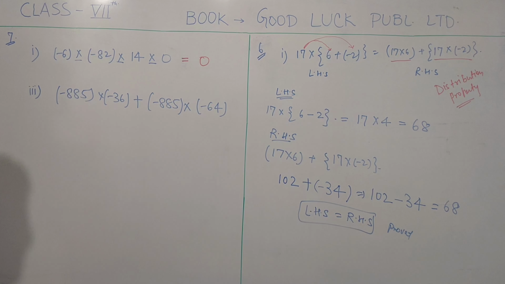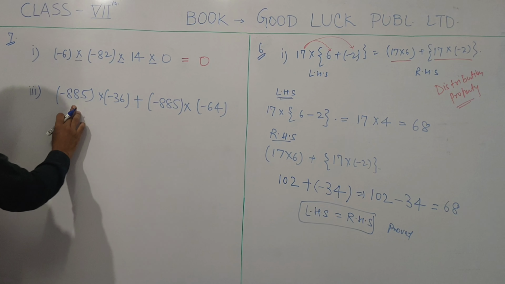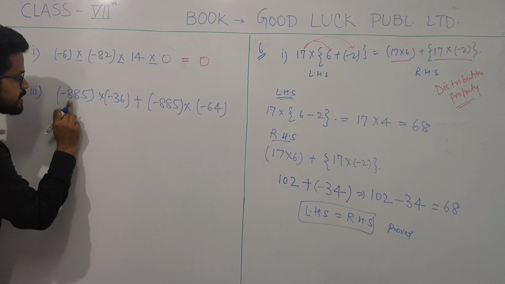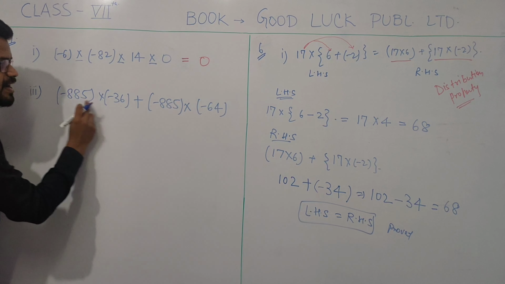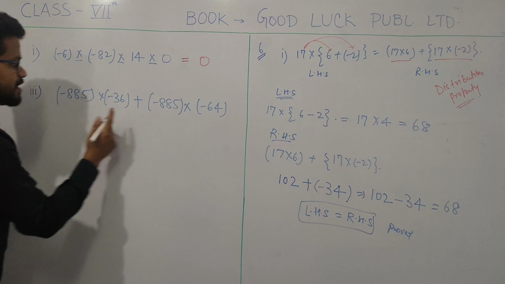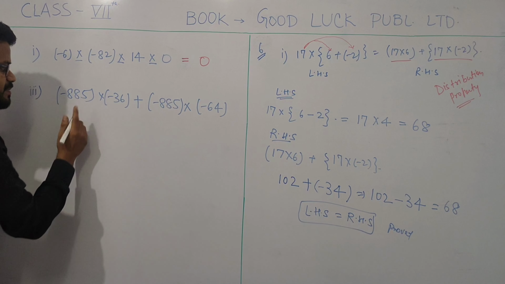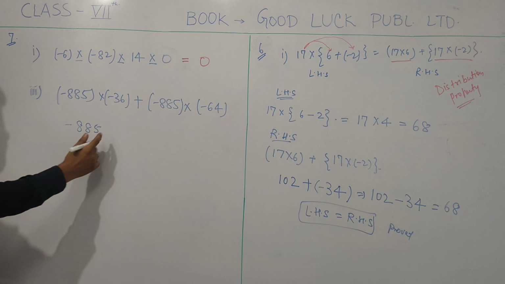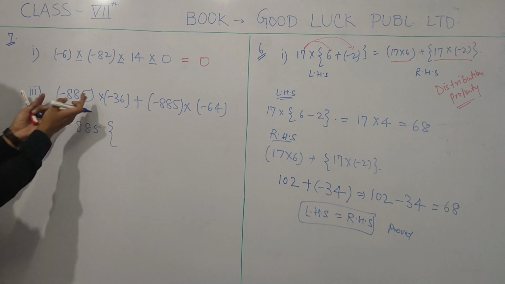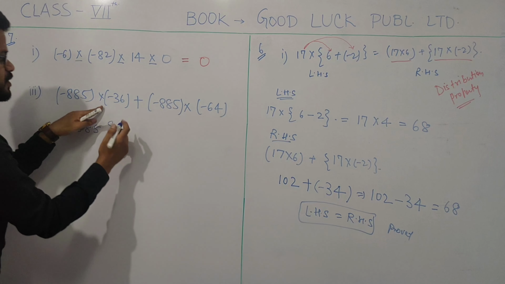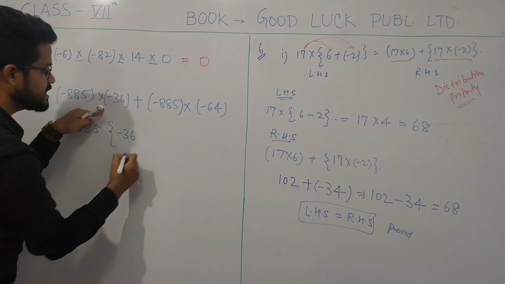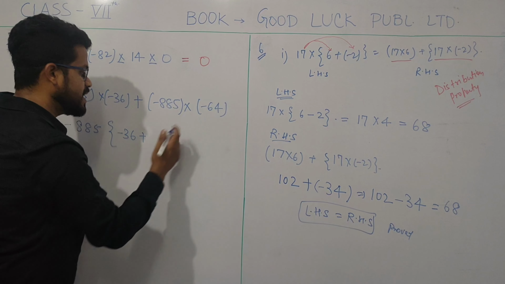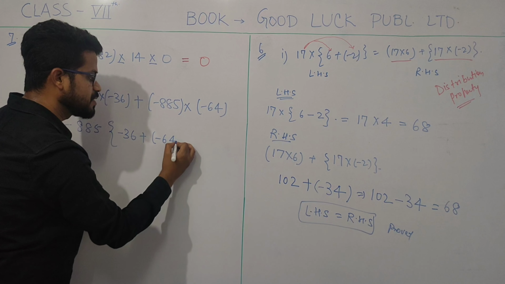Which property did I use here? Simply look, this is minus 885, this is minus 885. So can I take this minus 885 common? So I take common minus 885. Now in the bracket, the remaining is minus 36 plus, since minus 885 is common, the remaining one is 64.